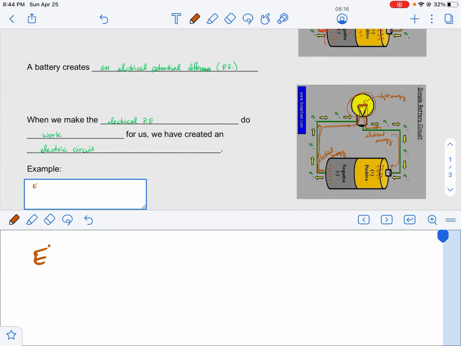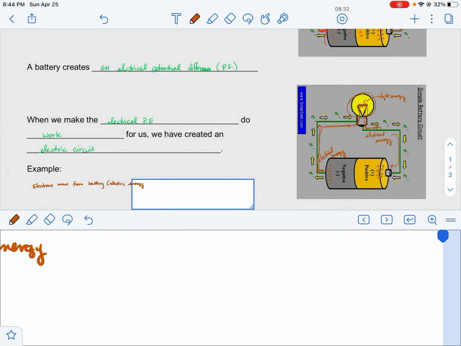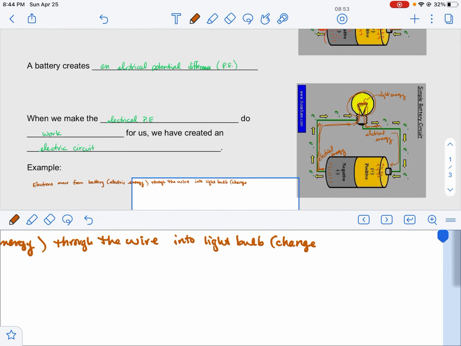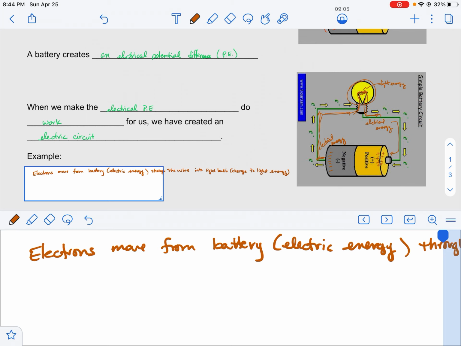We are going to say that the electrons move from the battery as electric energy through the wire, still as electric energy, into the light bulb, and in the light bulb they change to light energy, and then after they go through the light bulb, they go back to the wire, and then to the positive end of the battery.